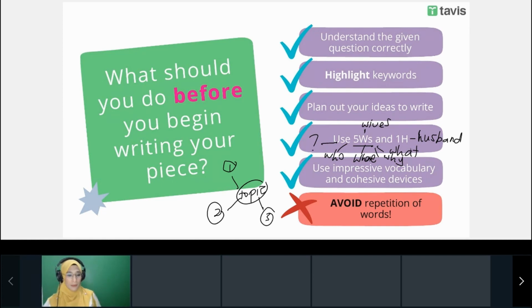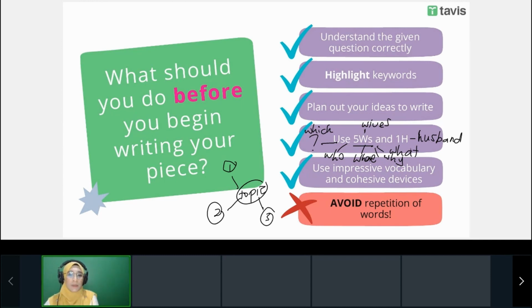What else? What's the other one? What do you think? Is it which? Which can also be another wife, yes. But what do you think is missing here? What, why, where, who, what else? Try and think of the last WH here.